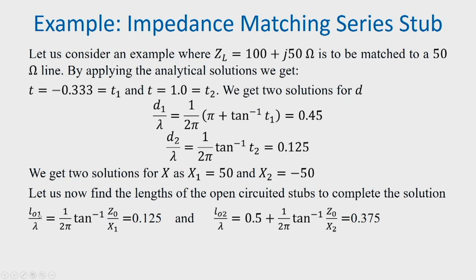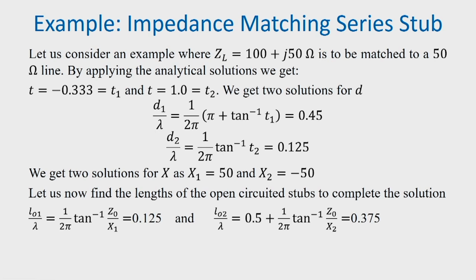So, essentially L 1 by lambda becomes 0.125, and L 2 by lambda, this is 0.5 plus 1 by 2 pi tan inverse Z naught by x 2, x 2 is minus 50. So, it becomes 0.5 minus 0.125, which is 0.375.